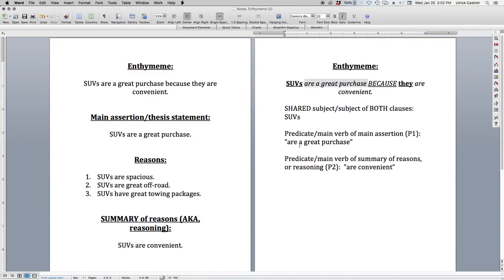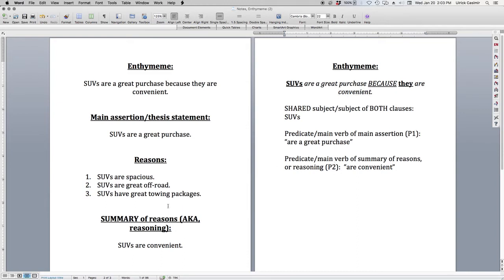It's in italics. But you have another predicate that's also in italics. That's the predicate of the second clause of the summary of reasons, are convenient. So to make things easier, I refer to this predicate as predicate 1 and this predicate as predicate 2, P1 and P2.